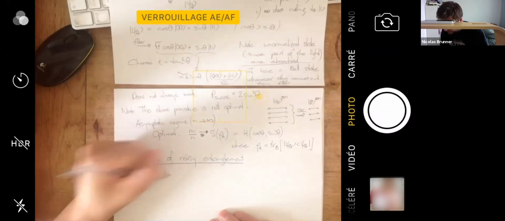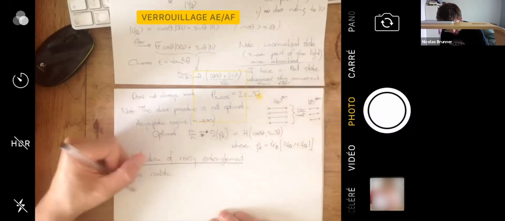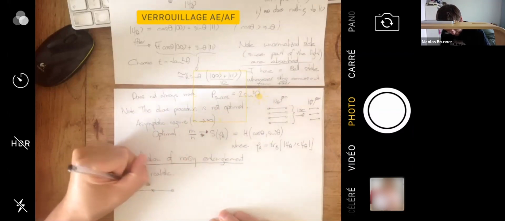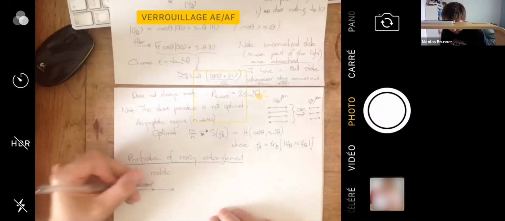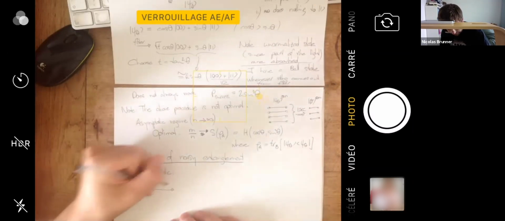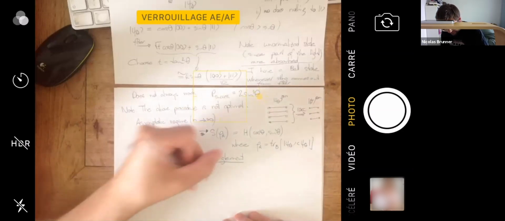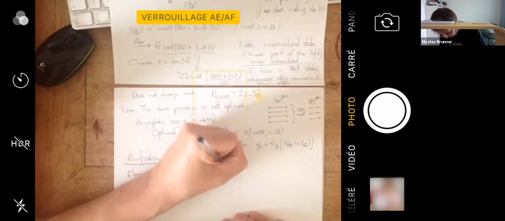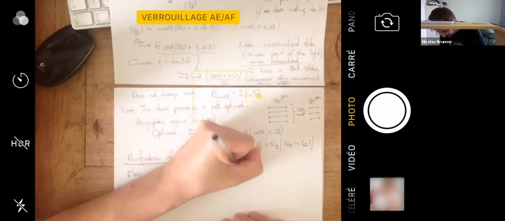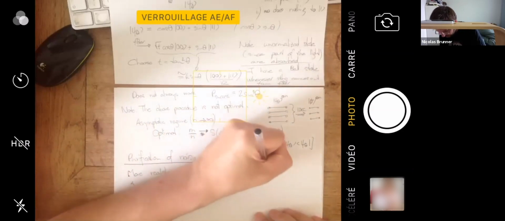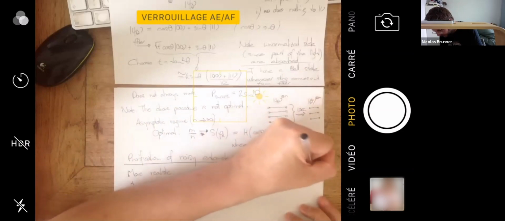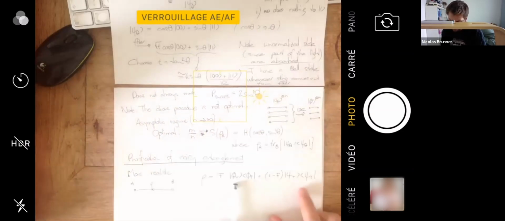So again, I have a source that produces now some mixed state rho distributed to AB. And this mixed state rho, I will write it like this. Phi plus and psi plus, they are two of the Bell states.